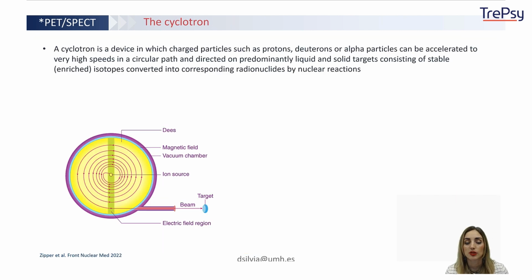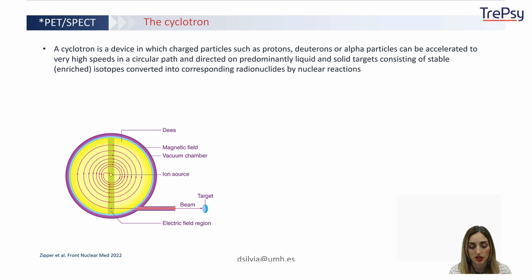A few words about where these tracers are produced: a device which is called the cyclotron. It's a device in which charged particles like protons, deuterons, and alpha particles can be accelerated to very high speed in a circular path and can be directed on the target, which normally consists of stable isotopes, and then converted into corresponding radionuclides by nuclear reactions.